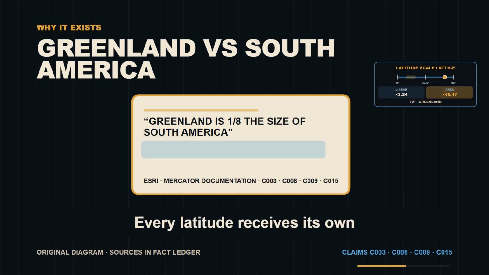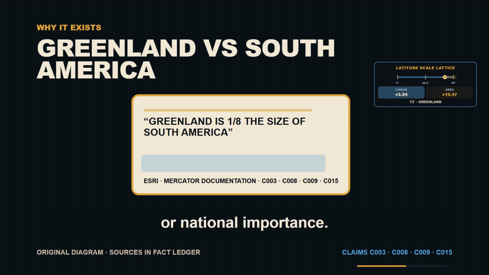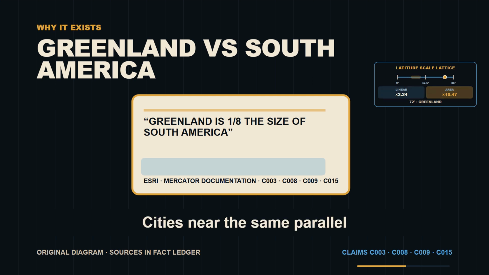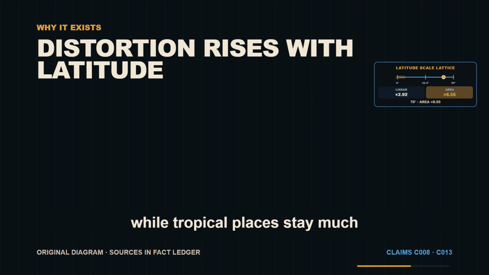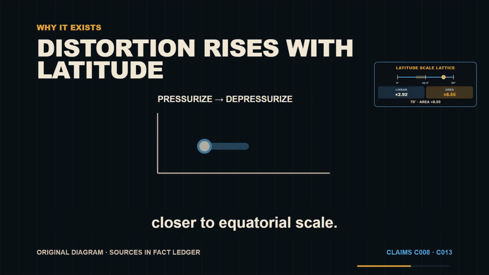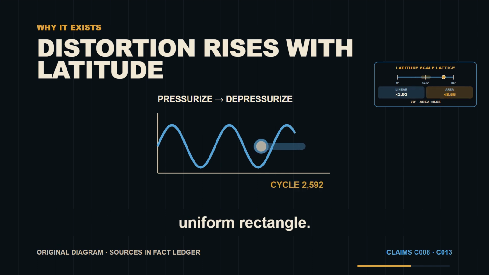Every latitude receives its own scale factor, regardless of borders or national importance. Cities near the same parallel are enlarged similarly, while tropical places stay much closer to equatorial scale. A world map hides those local multipliers inside one apparently uniform rectangle.